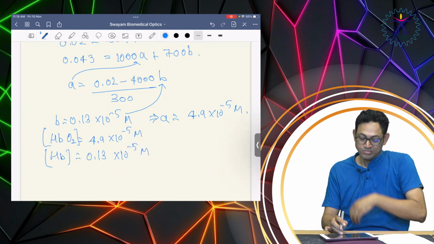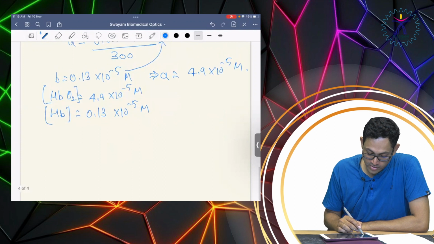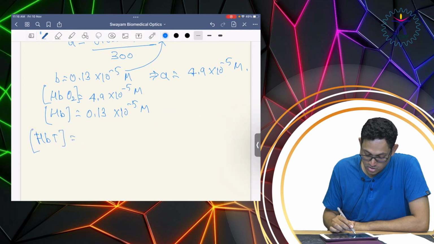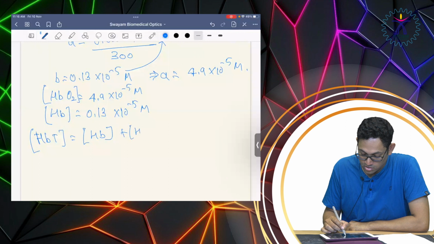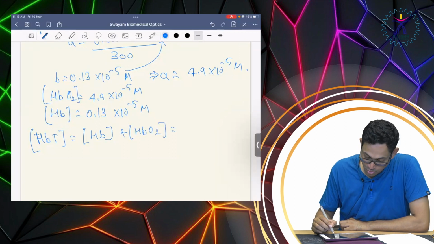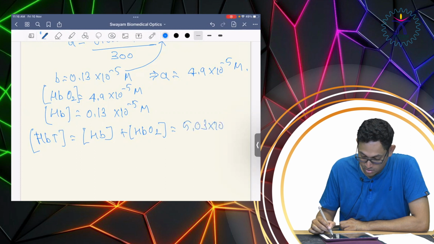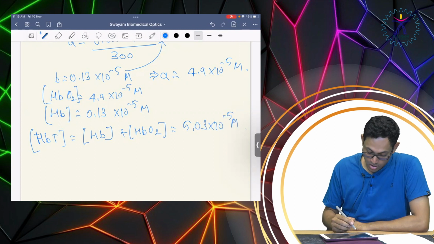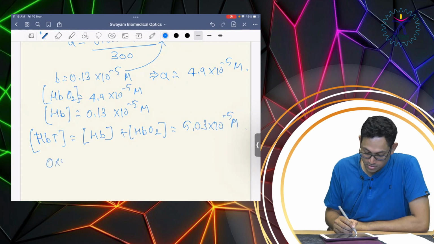Total hemoglobin, HbT, is the sum of Hb and HbO2, which is around 5.03 times 10 power minus 5 molars.